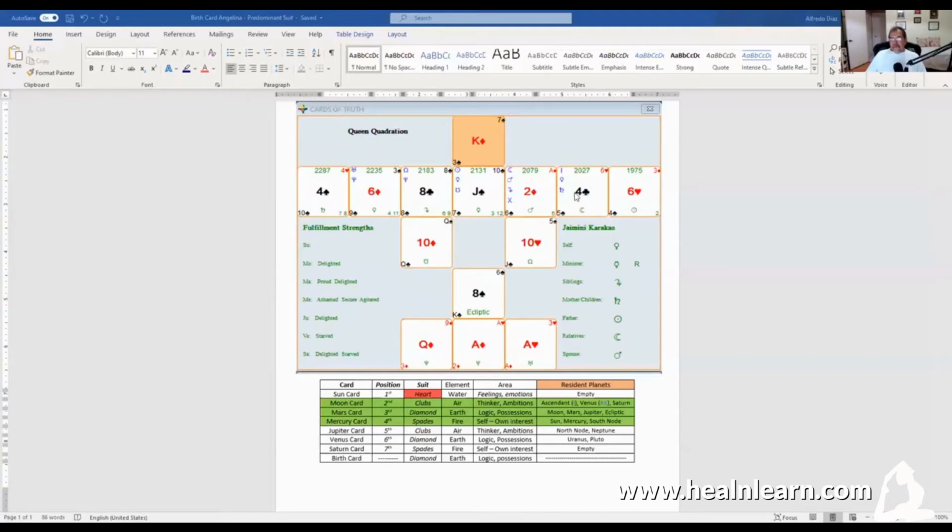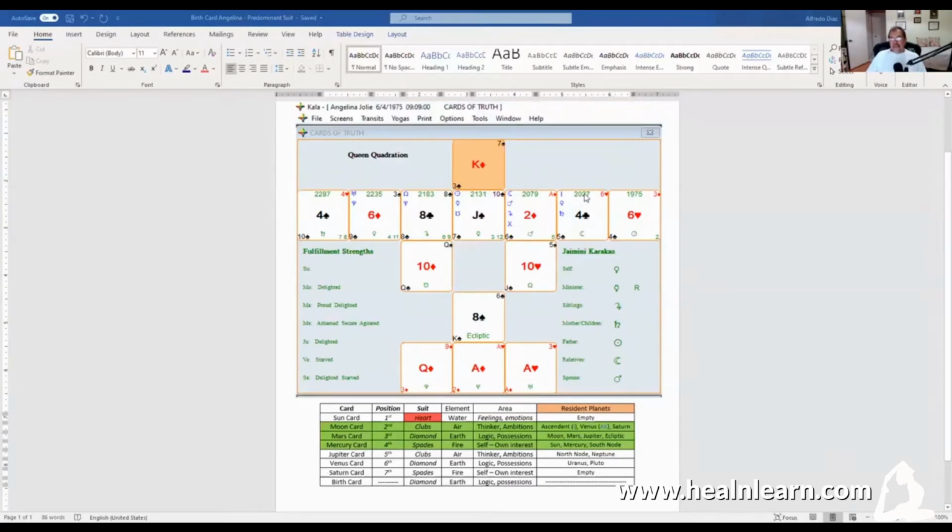So this is very important to take into consideration, because if you want to relate to Angelina Jolie, you have to be aware that she is not a very emotional person, because there are no planets there.